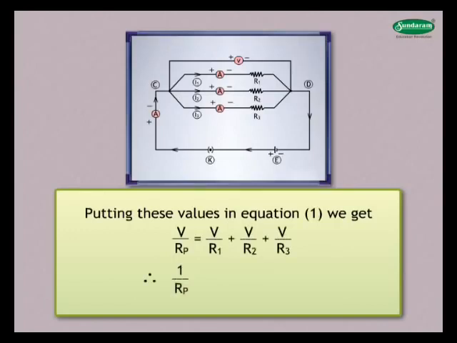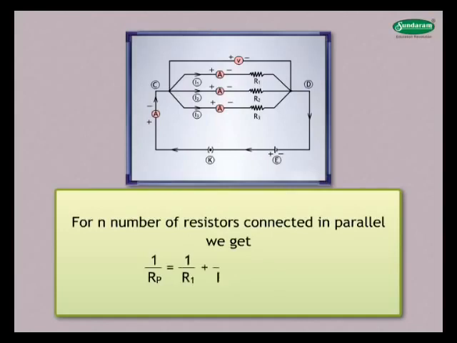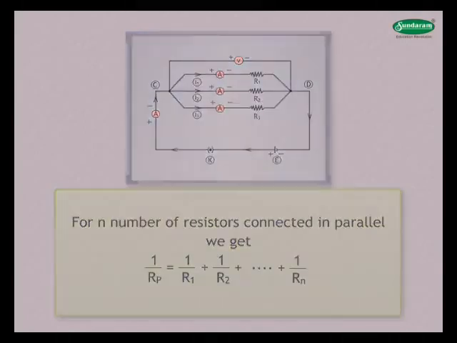Therefore, 1 upon Rp is equal to 1 upon R1 plus 1 upon R2 plus 1 upon R3. For n number of resistors connected in parallel, we get 1 upon Rp is equal to 1 upon R1 plus 1 upon R2 up to 1 upon Rn.